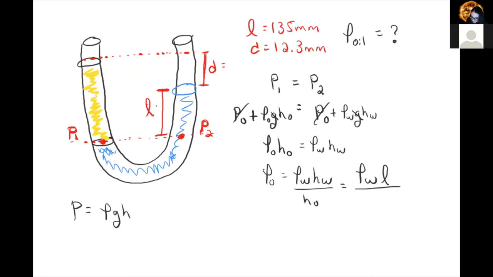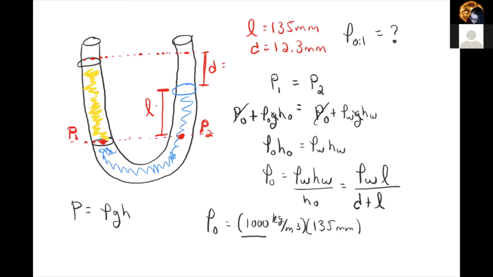We were just given these quantities of D and L, but the height of that oil column is just going to be our quantity D plus our quantity L. So then our density of oil will equal our density of water, which was 1,000 kilograms per meter cubed, times the height of this water column from my reference point, which was 135 millimeters.